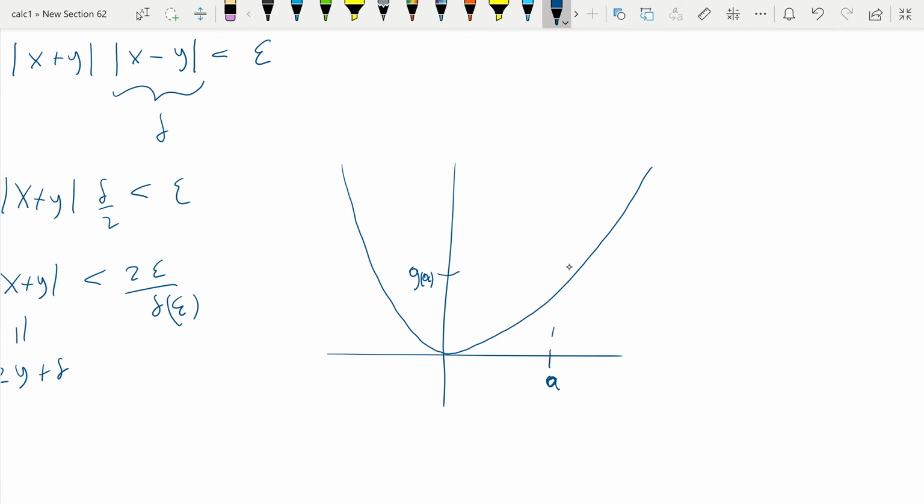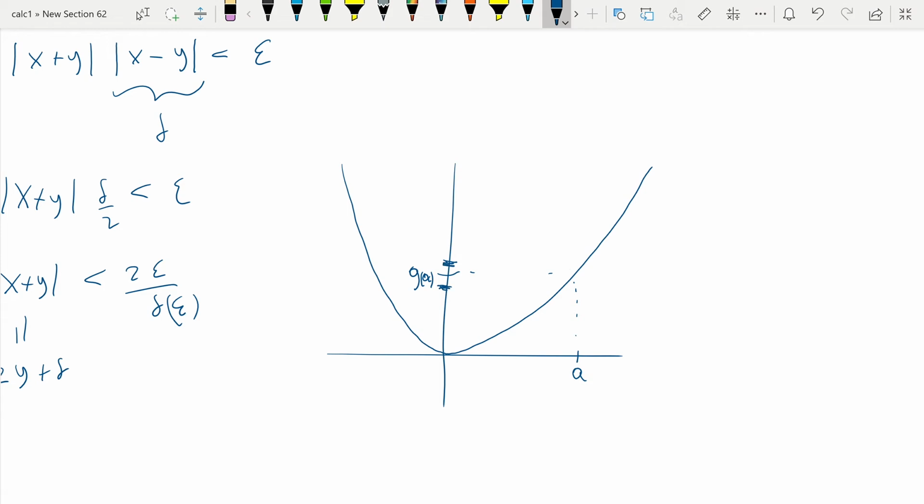Maybe I need to move the point A here a little bit. When we're talking about continuity, you want to guarantee that the images of a certain neighborhood of A are within epsilon.